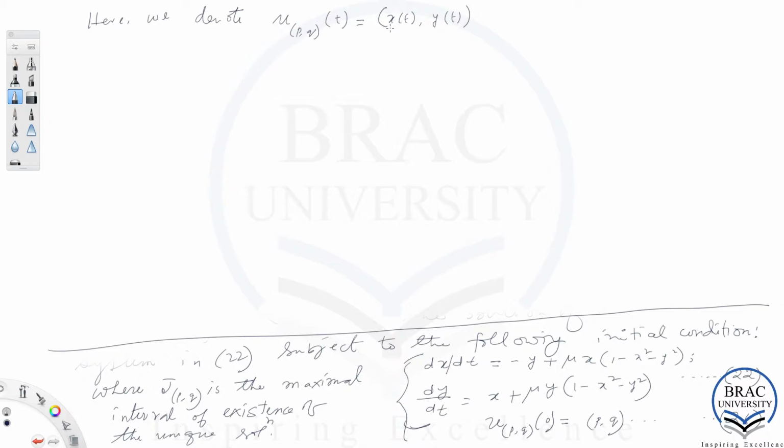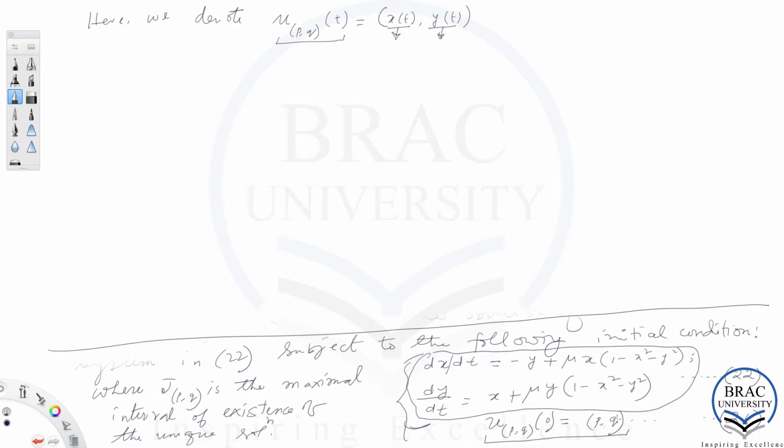X component given by x of t and y component given by y of t. You see that each of the two components vary with time. So the x component and the y component of this solution at time t varies according to this system, subject to this initial condition. Good.